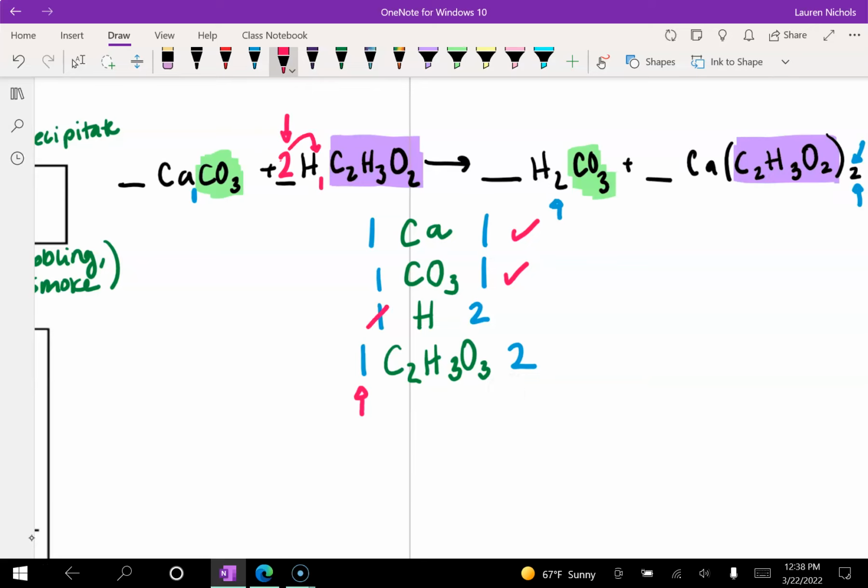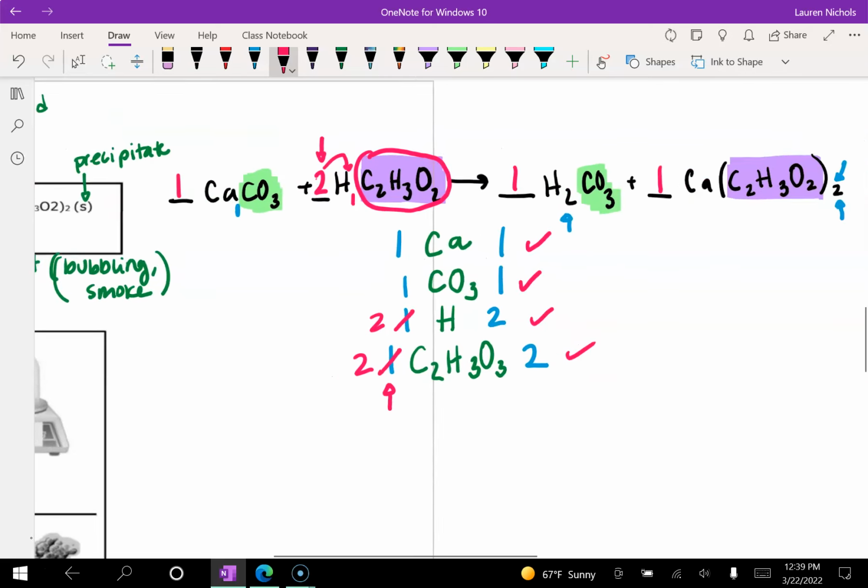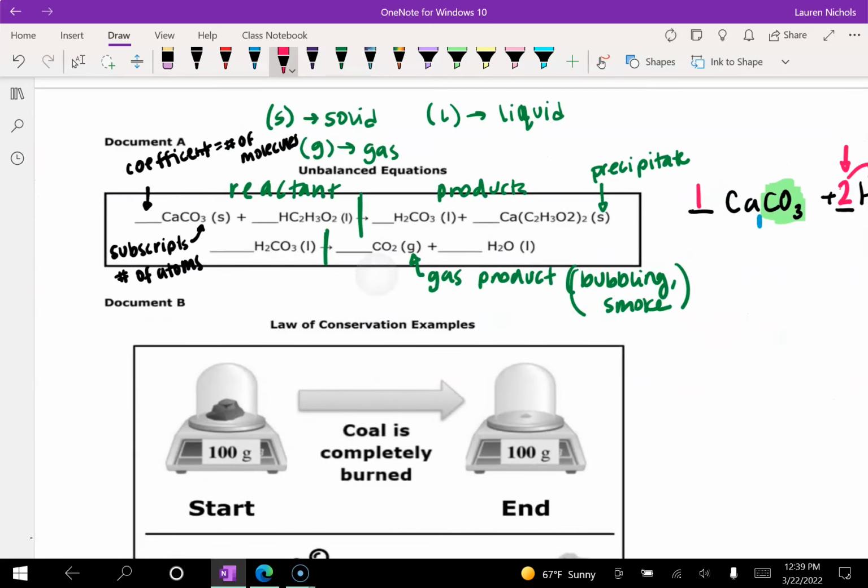So 2 times 1 gives me 2 hydrogens, and then 2 times this whole ion gives me 2 acetate ions, and now we are balanced. So that means the rest of the coefficients will be a 1, or you can leave them as being blank. So our coefficients should be 1, 2, 1, 1.